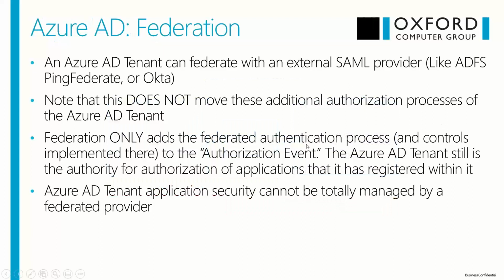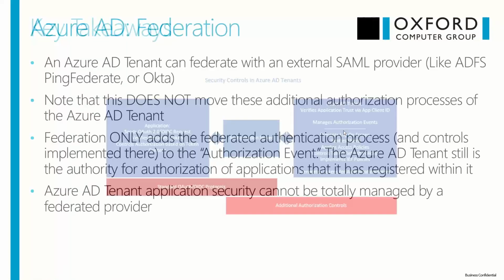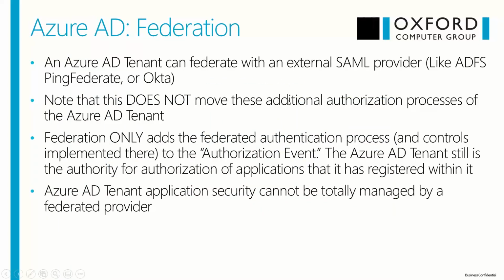And what I want to talk about is federation. Now, if you take a look at this diagram here, the source of authority for everything is the Azure AD tenant, but you can federate with another environment if you want to. That's a capability that Azure AD has within it. So you can federate like with ADFS or with Ping Federate or Okta or some other third party.